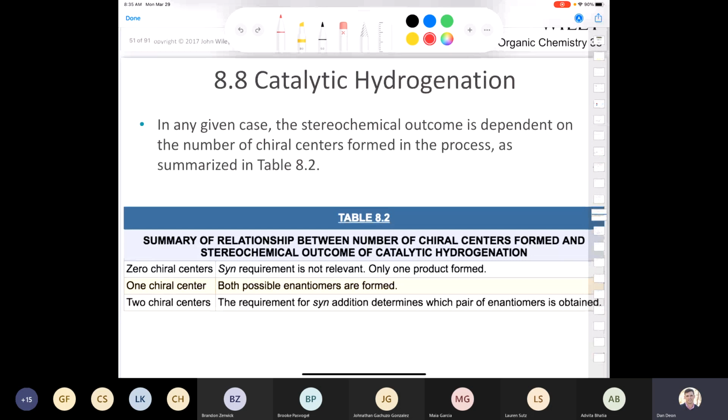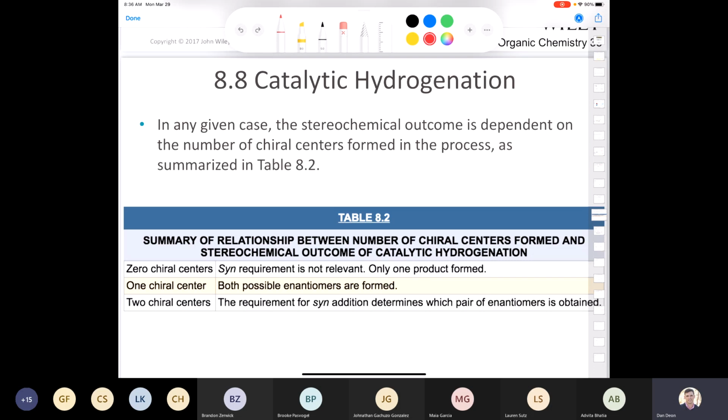All right, this is kind of an interesting table, but you've got to take this table with a grain of salt, because there are situations where it doesn't apply. Generally speaking, this table 8.2 covers the relationship between the number of chiral centers and the stereochemical outcome of catalytic hydrogenation. If you have no chiral centers being formed, then you just get an alkane and you move on with life, and you don't have to worry about dashes and wedges.